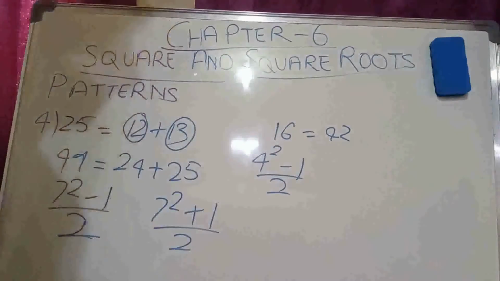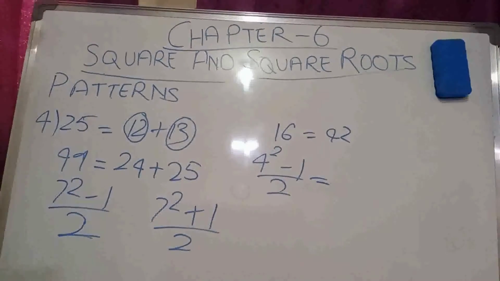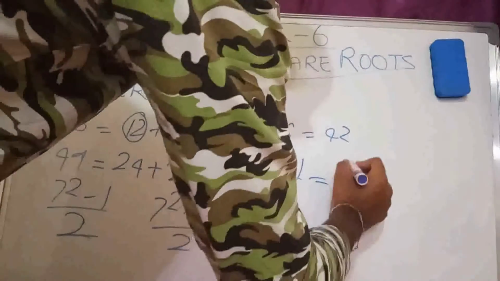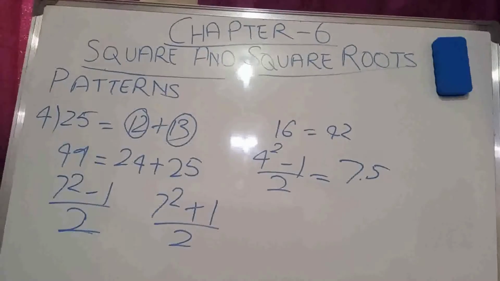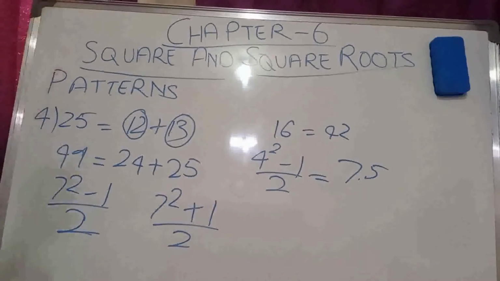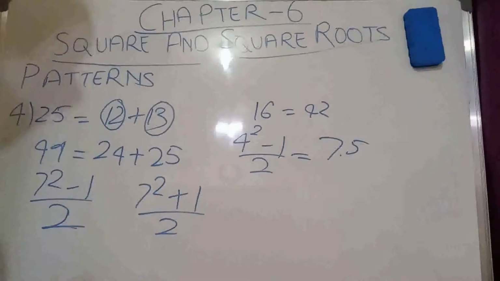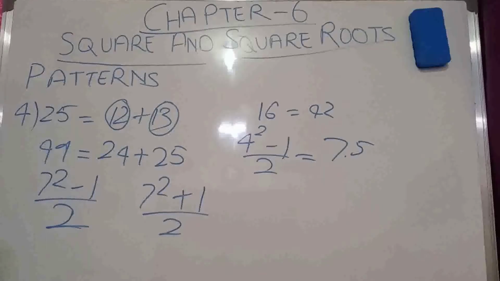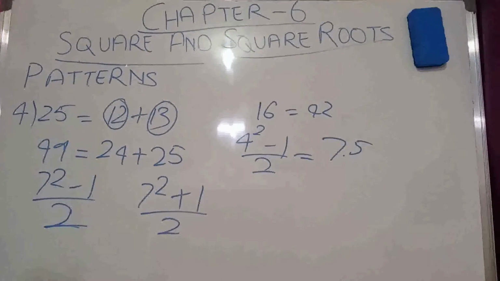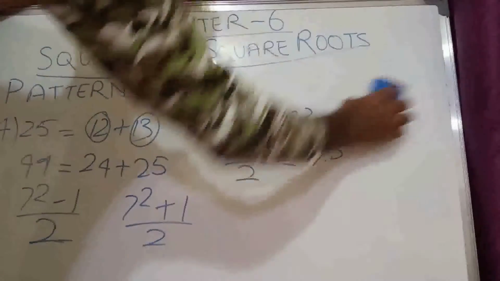That is 16 minus 1, 15. 15 by 2 will come in decimals, like 7.5. And 7.5 is not a natural number. So 7.5 is a decimal, and that's the problem in even square numbers. So this pattern is only possible in odd square numbers. Okay, now let's go to the next pattern.